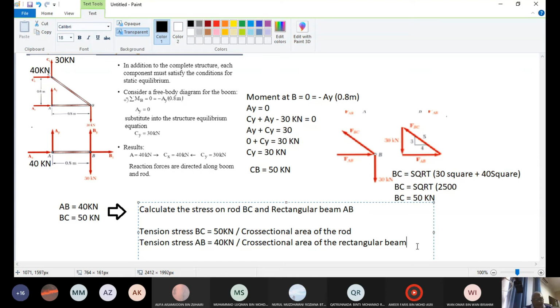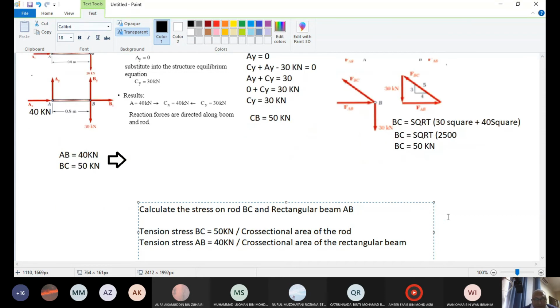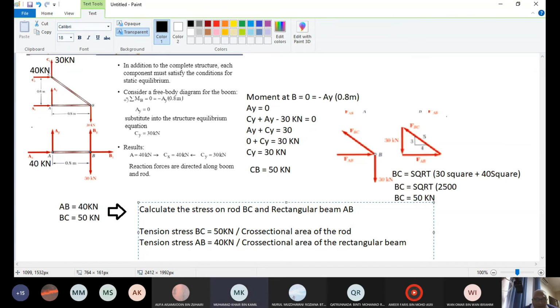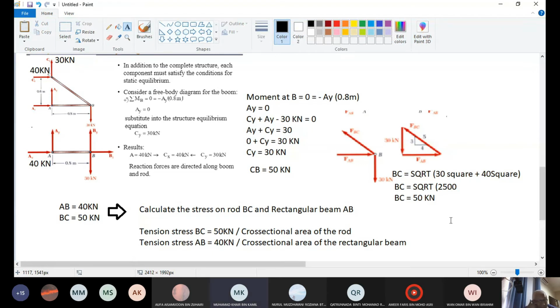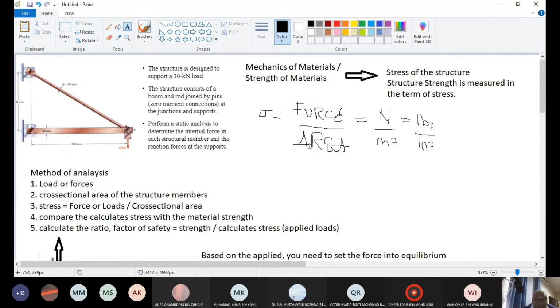So far, any questions? No, sir. Okay. So let's see what we have done. We are studying fundamental mechanics of material or strength of material.